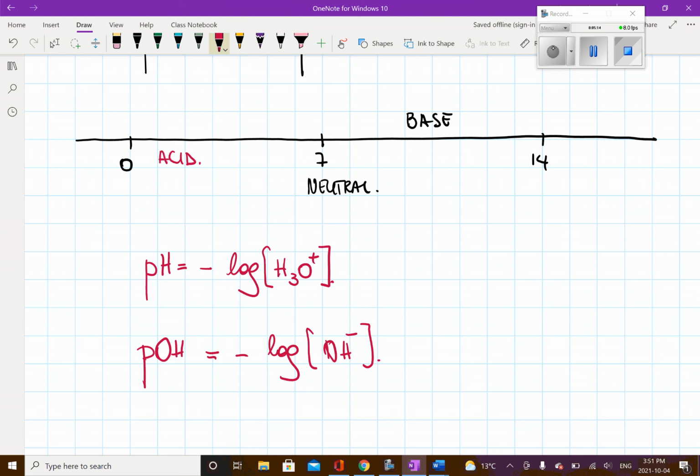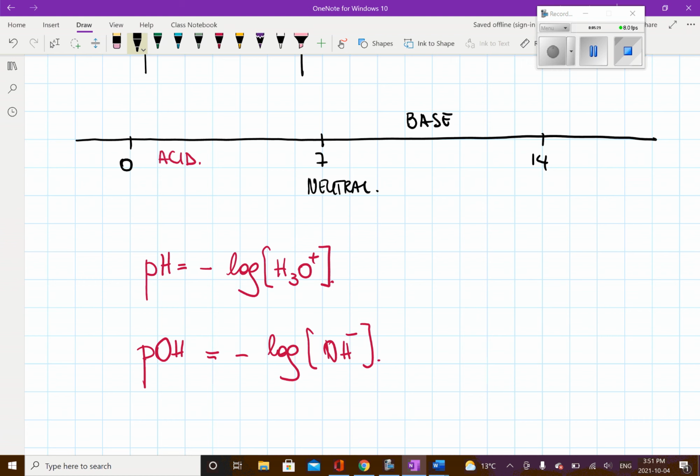Since the concentration is very small, our mind cannot perceive it, so we use the pH.